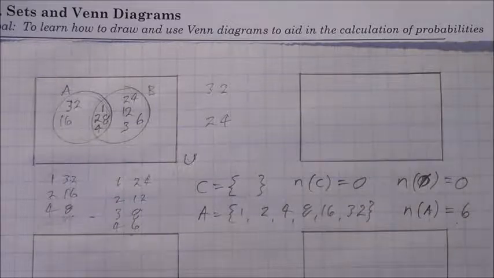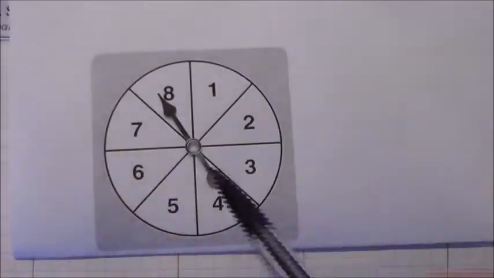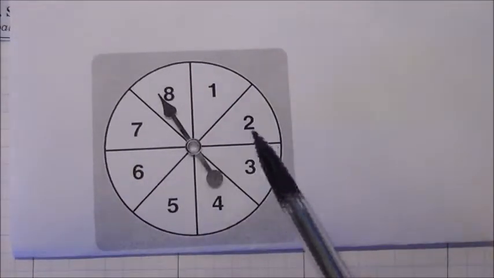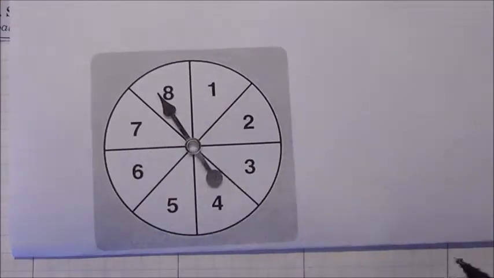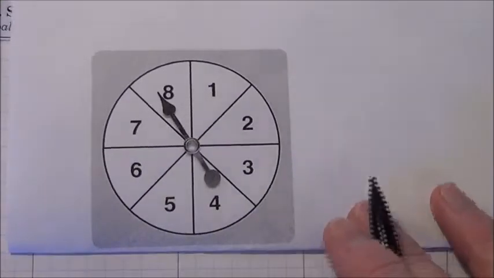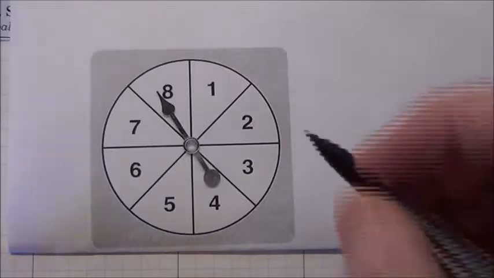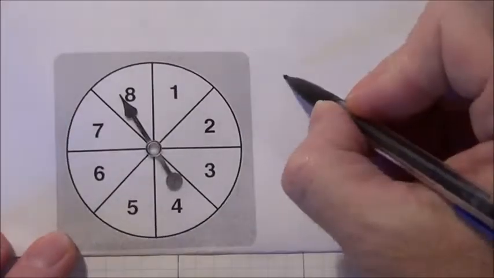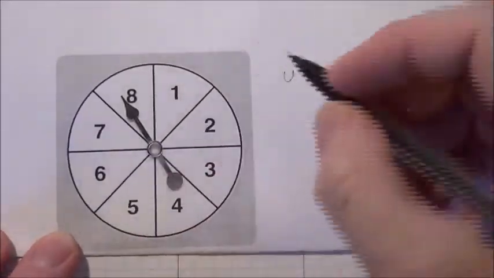Remember when we looked at the spinner? Last time we looked at a spinner that I believe had odd numbers less than 15 or something like that. Here is an 8 sector spinner of all equivalent size sectors, and the universal set in this case are all those values.